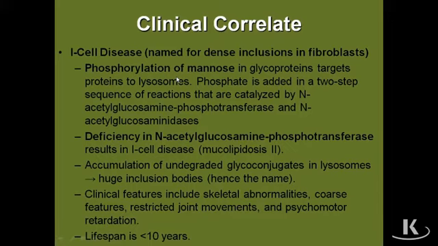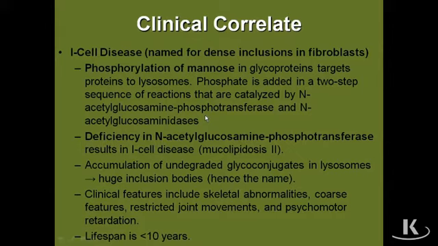The other Golgi-related disease is known as inclusion cell disease or I-cell disease, named for dense inclusions that typically are present in fibroblasts. This I-cell disease is again caused by an enzyme defect. Specifically, it's a phosphotransferase enzyme defect that fails to adequately mark hydrolase enzymes for incorporation into lysosomes.